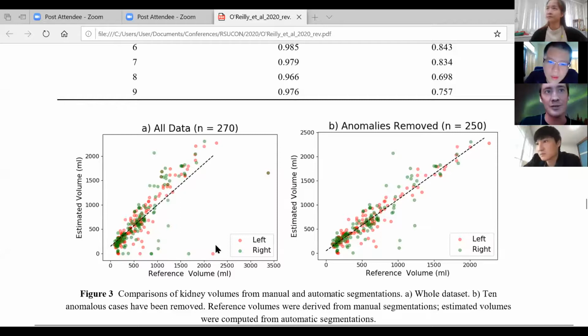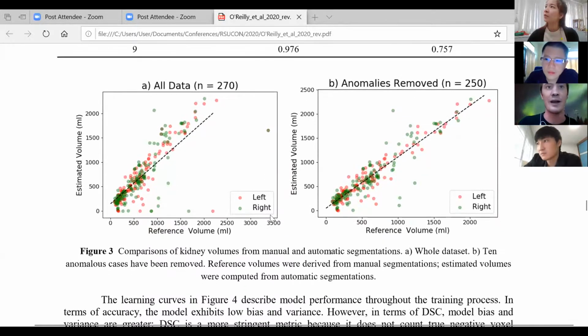So that's why it says anomalies removed. And when the anomalies are removed, the performance is better. But actually, the performance can be improved. These zeros can be removed by tuning the threshold that's used.